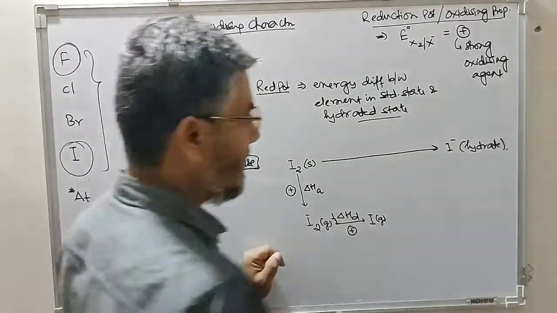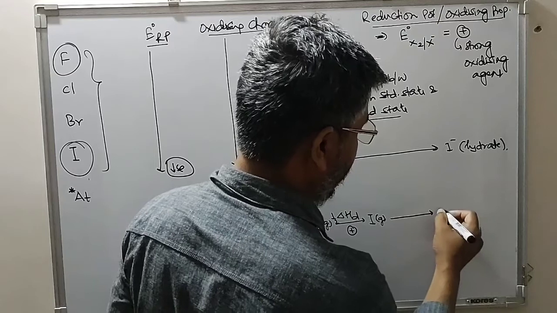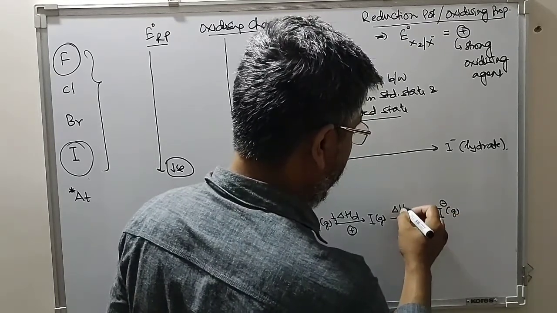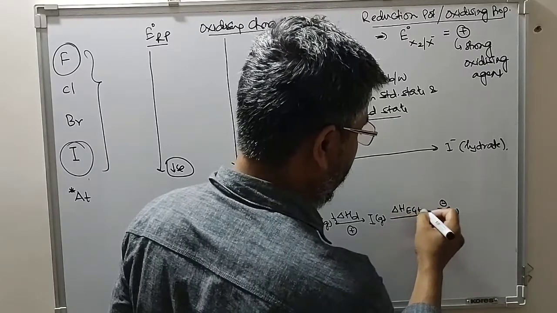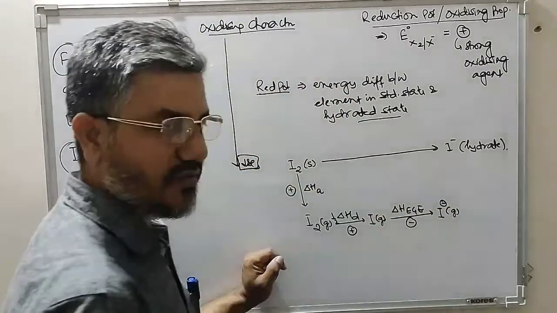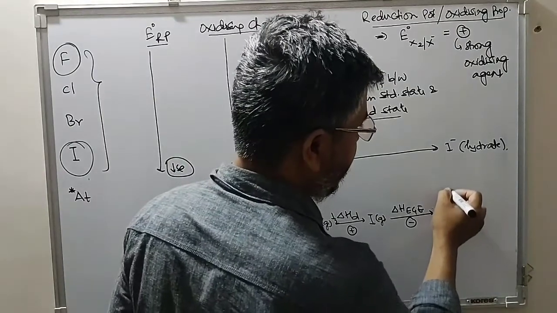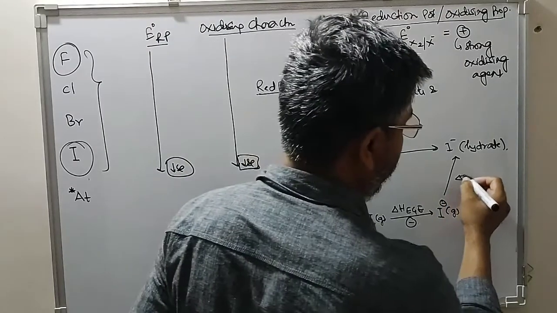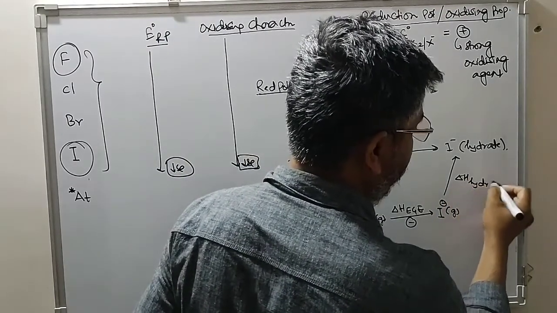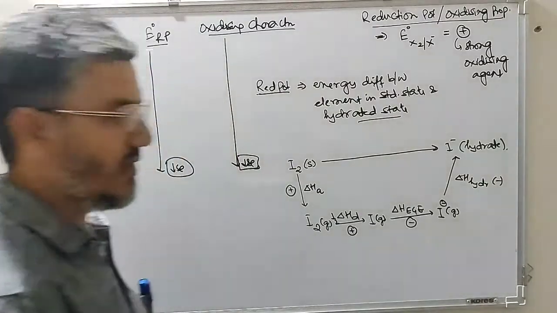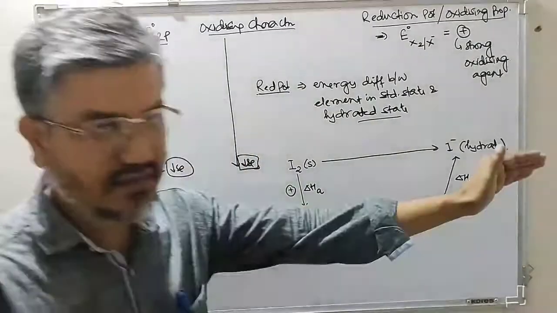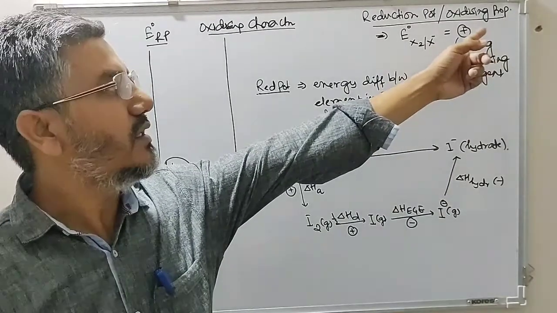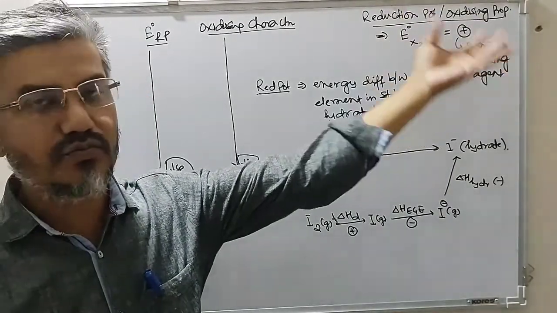Now this I is to be converted into I minus, that is the electron gain enthalpy, which is positive. Then I minus gas is converted into the hydrated state, and this is the enthalpy of hydration, which is negative. So these energies will decide the oxidizing character of these halogens.